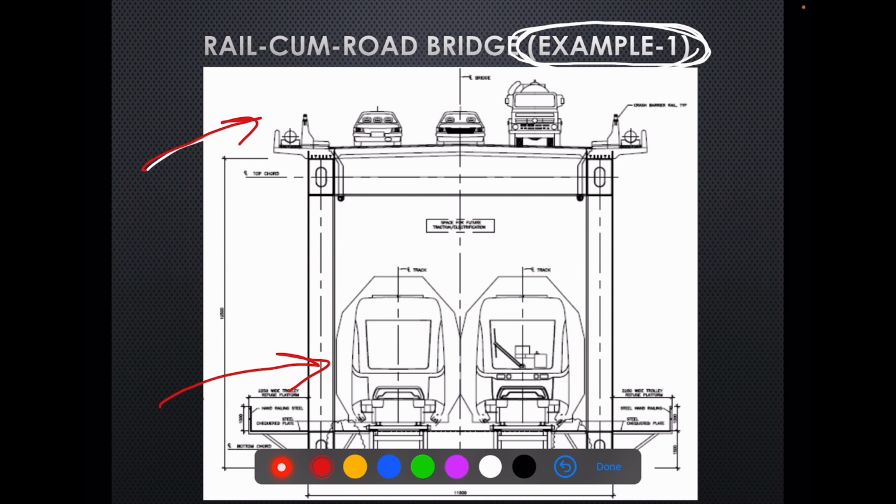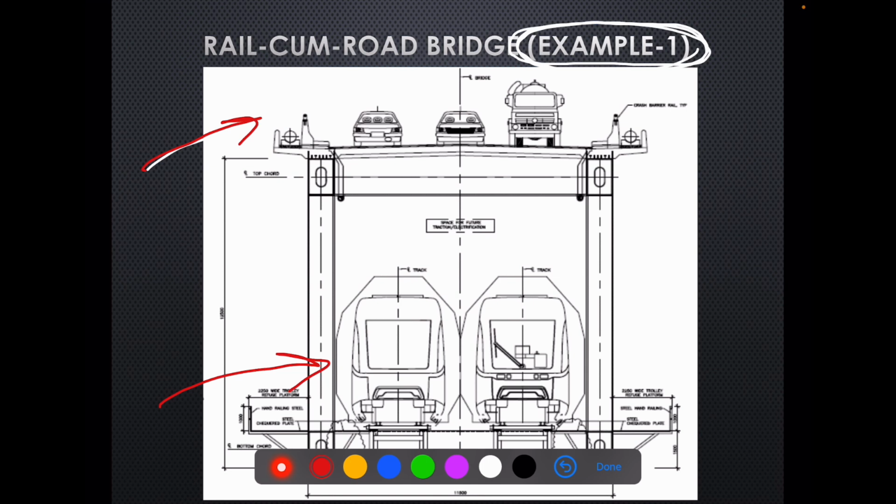So the reason being, the live load of road traffic is much less in comparison to train loads. So it is always economical from the sections and members designing point of view, and that our lever arms are kept in control as minimum as possible.